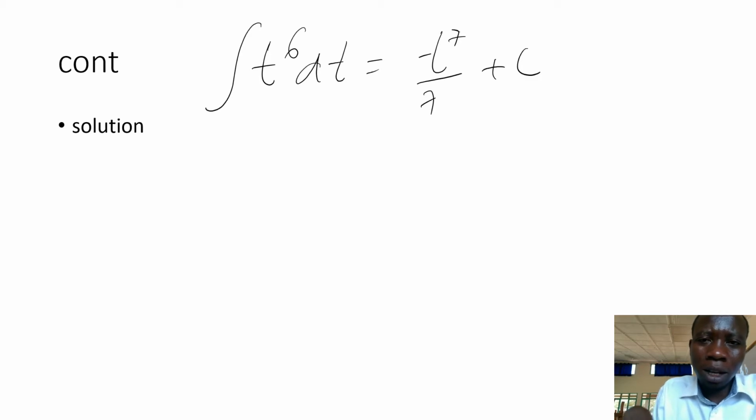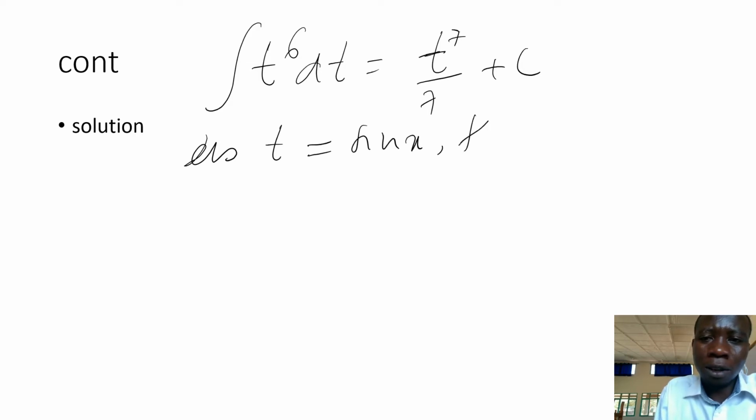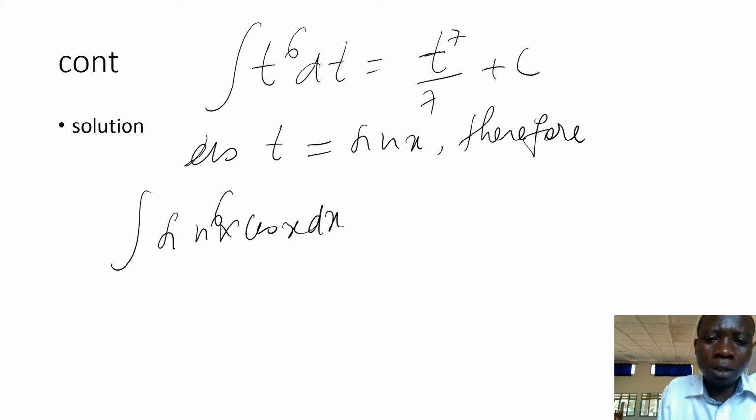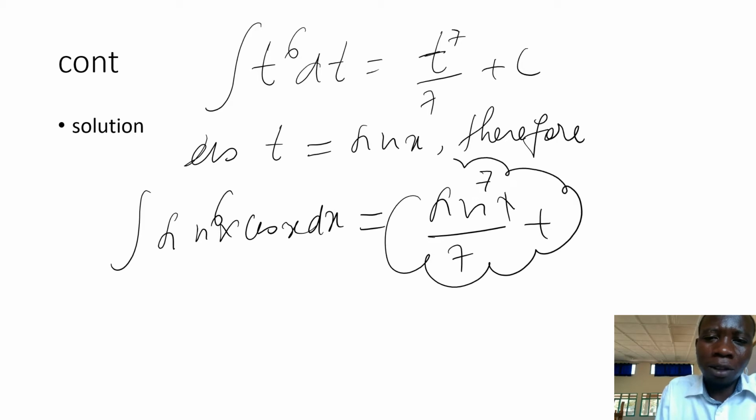Remember that we were given our integral in terms of sine and cos, not in terms of t. We use t just to make it simple. As t is equal to sine x, therefore the integral of sine power 6 x cos x dx is sine power 7 x over 7 plus c. So this is the final answer for this example.